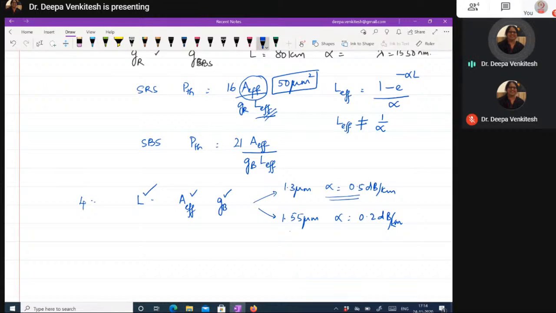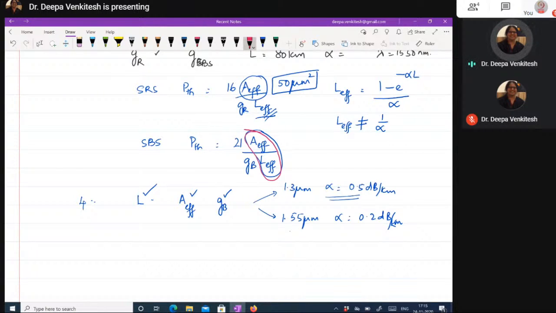If you were to strictly compare the SBS threshold for both these wavelengths, you have to look at the ratio of effective area to effective length. That will give you a true picture. But for simplicity, I've asked you to calculate only with respect to the effective length. So that was the next question.